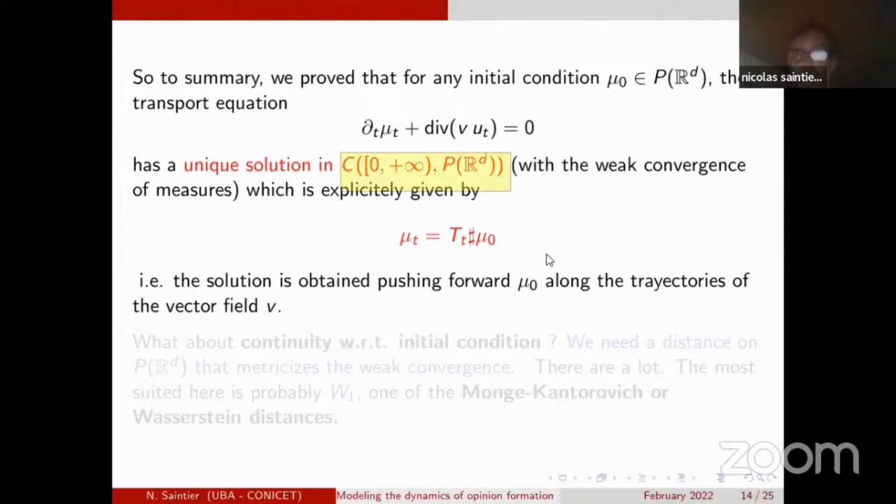And we have an explicit solution which is given by the push forward of the initial condition by the flow of the vector field, meaning intuitively that we are just pushing forward the initial distribution following the trajectories of the vector field V. So that's good. We got existence, uniqueness, and we know precisely what the solution is. This is pretty good, right?